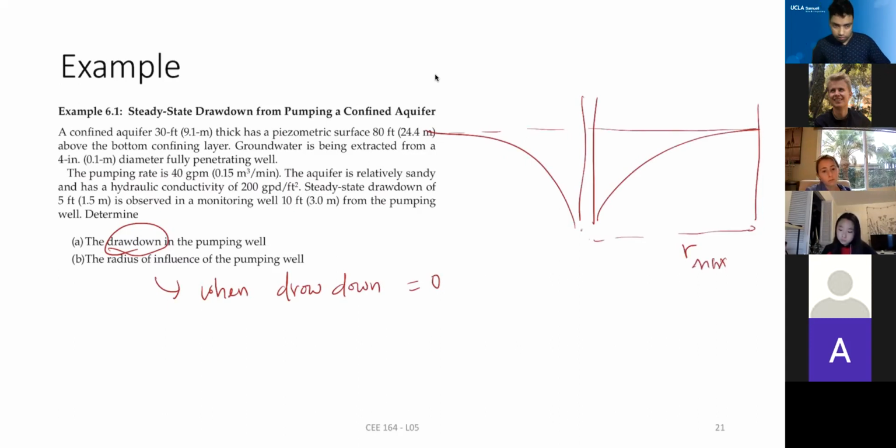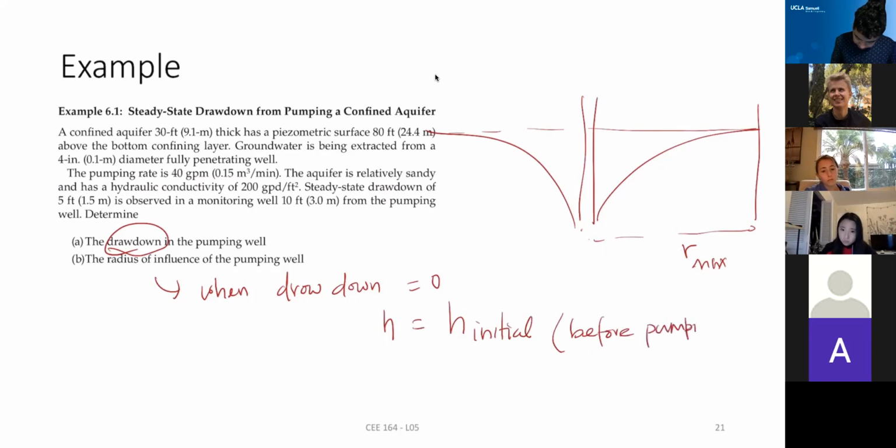So that drawdown equals 0, which means your head h equals h initial, the head before pumping. So that's the value.